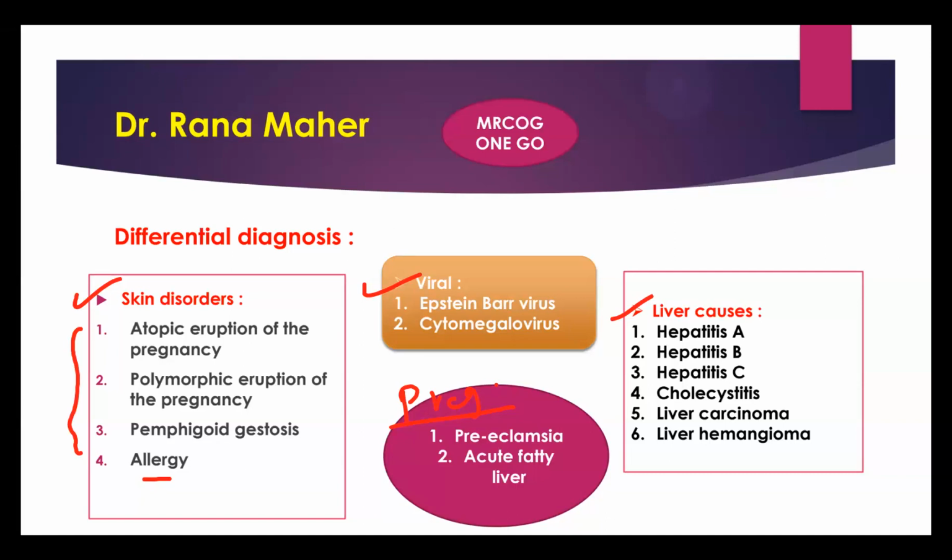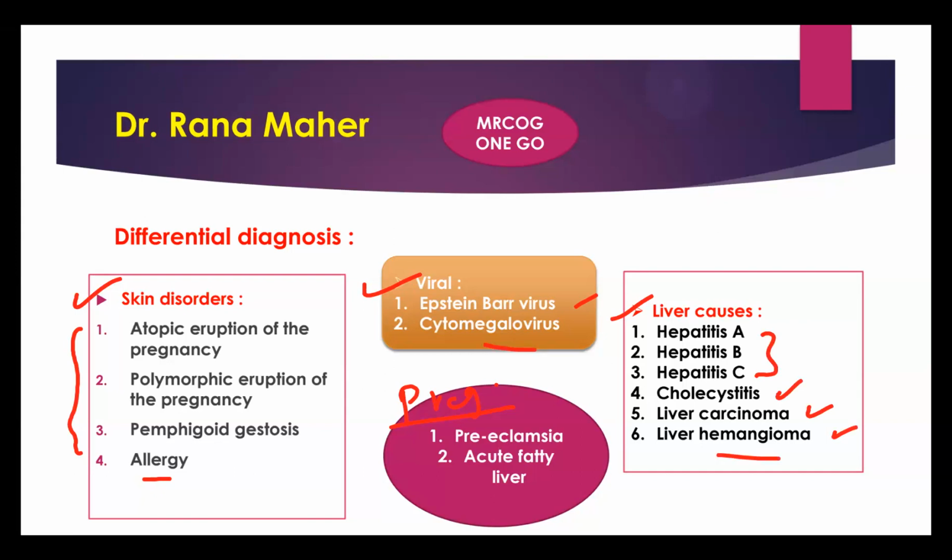So skin disorders, and then tell the examiner 1, 2, 3, 4. Viral causes like Epstein-Barr virus or cytomegalovirus, pregnancy-related like preeclampsia or acute fatty liver, liver causes like hepatitis A, B, C, cholecystitis, liver carcinoma, liver hemangioma.